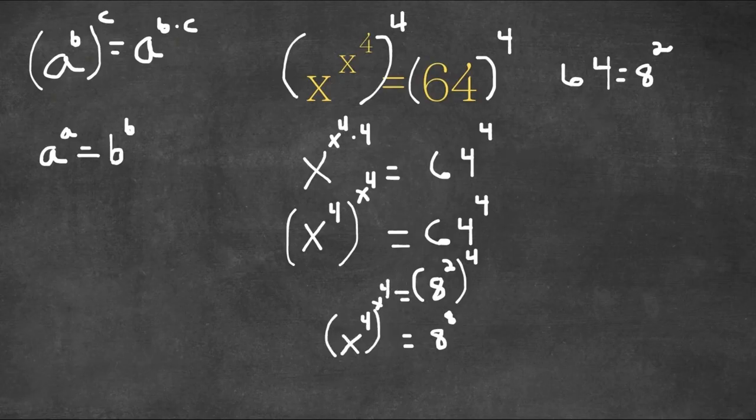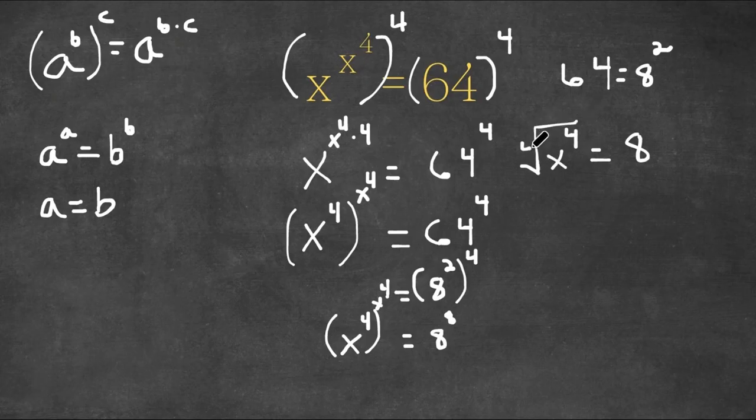Now we can say that if a to the power of a equals b to the power of b, then a equals b, right? So if x to the power of 4 to the power of x to the power of 4 equals 8 to the power of 8, then we know that x to the power of 4 equals 8. Now we want to cancel this fourth power here, so we're going to take the fourth root of both sides.